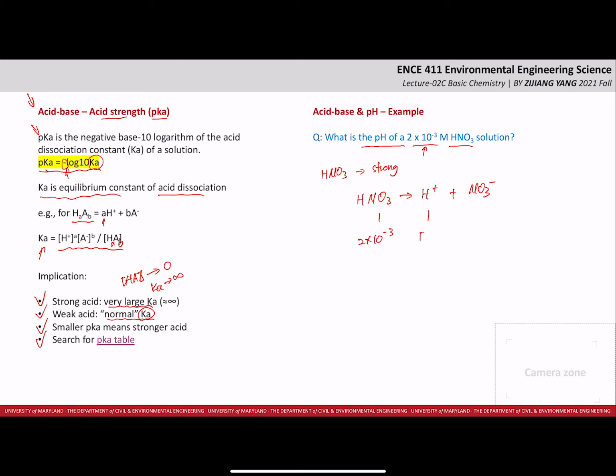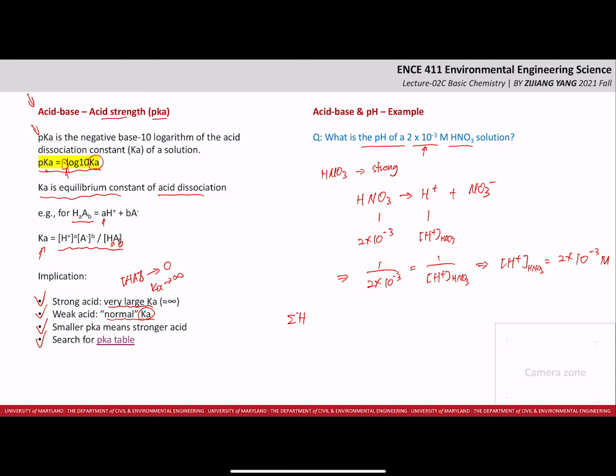And then we can calculate the concentration of H+ contributed by HNO3. And this ratio is straightforward. So we have this ratio equation, 1 divided by the concentration of H+ contributed by HNO3, and we can solve this equation. So the concentration of H+ contributed by HNO3 equals 2 times 10 to the -3 mole.